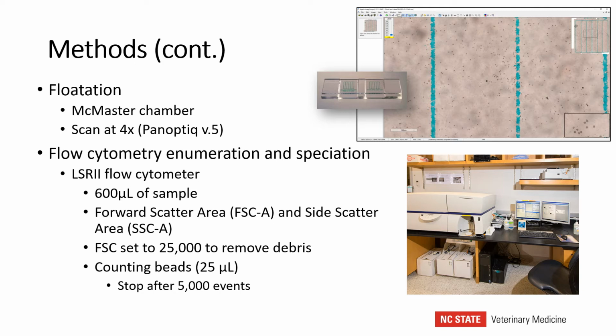The threshold of the forward scatter area was set at 25,000 to mask about 90% of the debris on the lower end. Concentrations of Eimeria species were determined using counting beads with each field sample, and the stopping gate was set at 5,000 events of the beads.